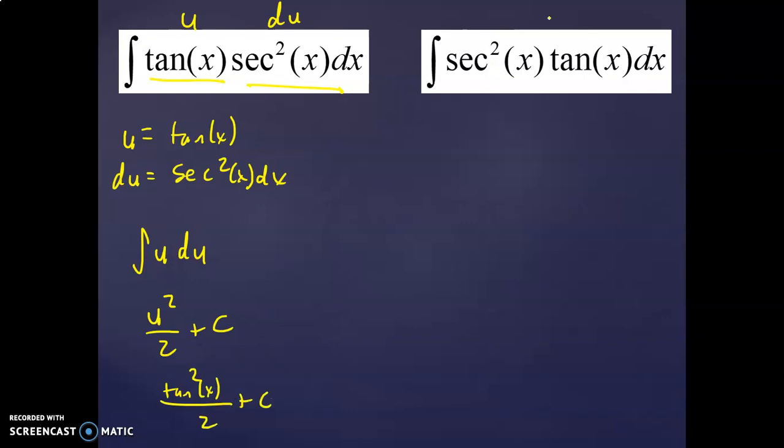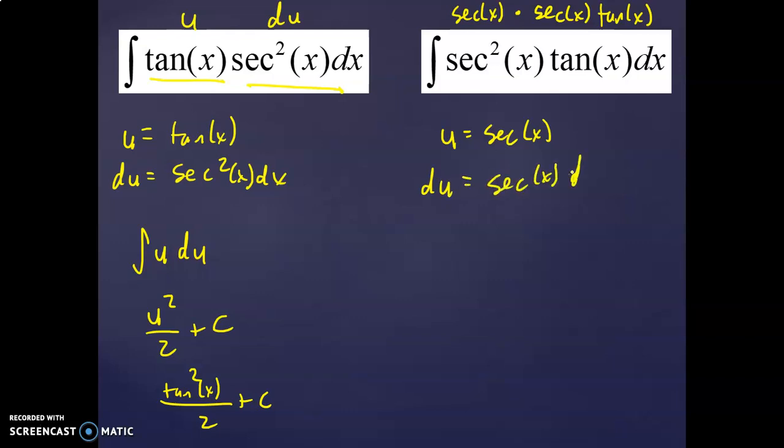Now, I could have also rearranged it this way, and I could have said, well, let's make u be secant, because this could really be separated out as secant of x times secant of x, there's my secant squared, and then times tangent of x. Because if my u was secant, then my du would be secant of x, tangent of x, dx.